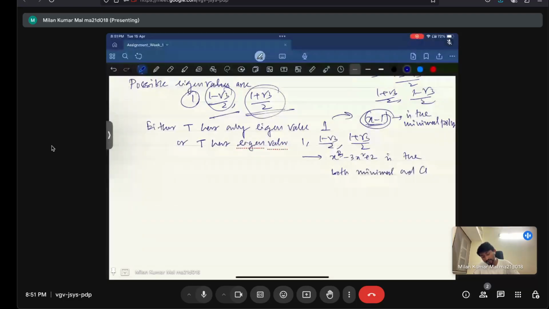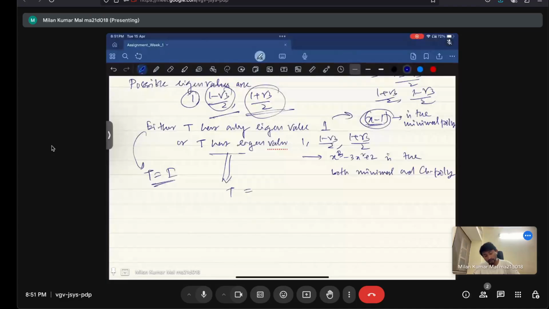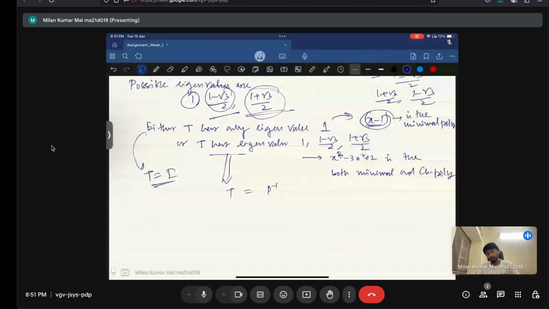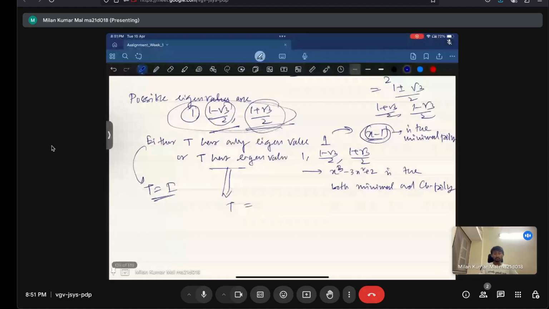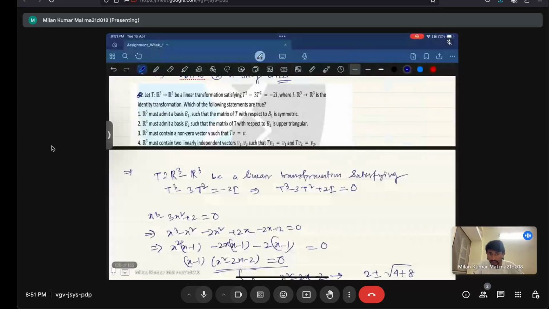So in this situation, t has to be unitarily equivalent to identity, and in this situation, t has to be diagonalizable by some matrix P. It will be unitarily equivalent to the diagonal matrix with entries 1, 1 minus root 3 by 2, 1 plus root 3 by 2. So in any situation, t is diagonal.